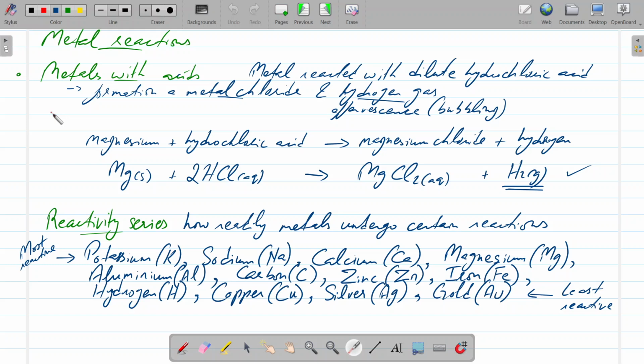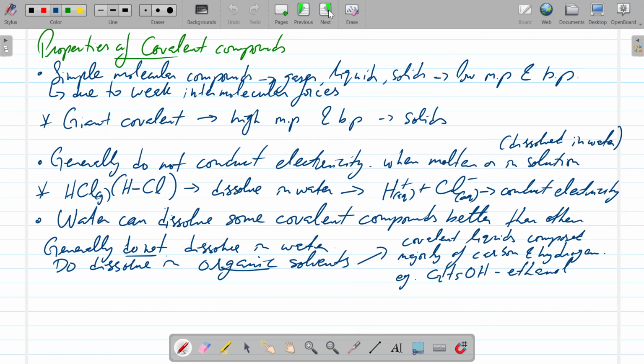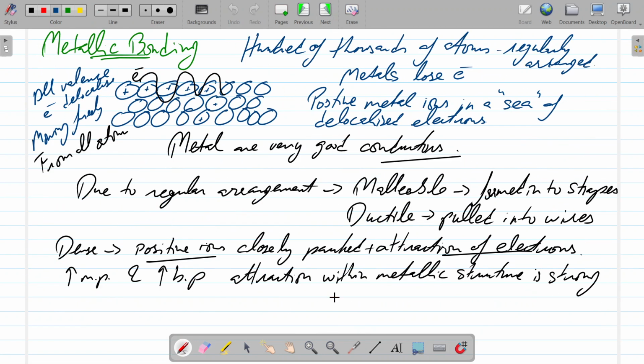It's about what property metals have that allows them to conduct electricity. If you recall, when we talked about metallic bonding, the valence electrons of metals are all delocalized and they're moving freely between the atoms.